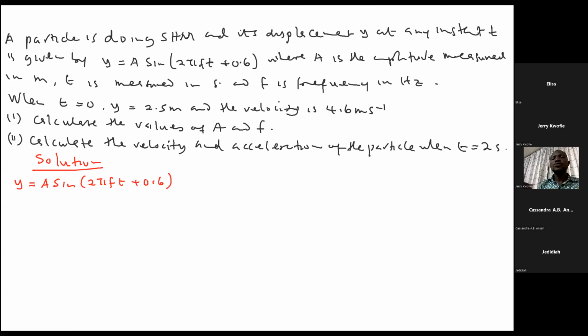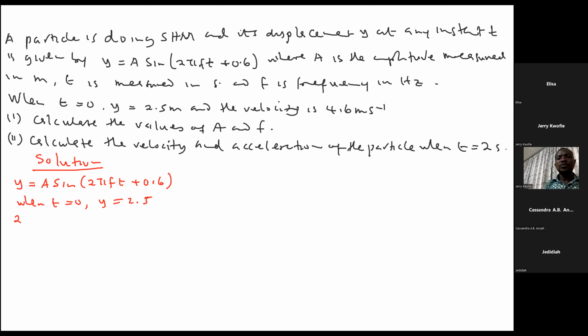We are going to use these conditions to determine some of the unknowns. So we are going to put in 2.5 where there is y, and put in 0 where there is t. And then we evaluate the expression.